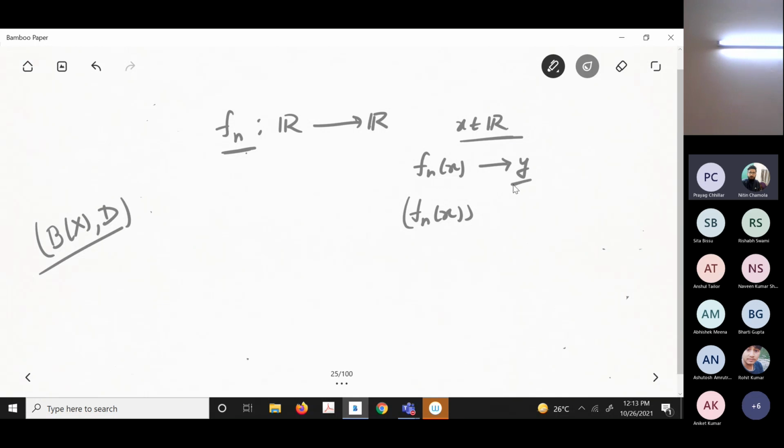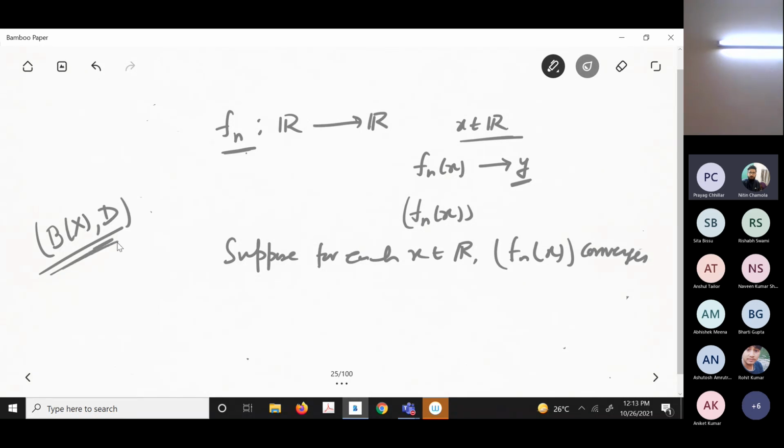And since this y will depend on x, suppose for each x belonging to R, fn(x) converges. Now look, I can get a new function.